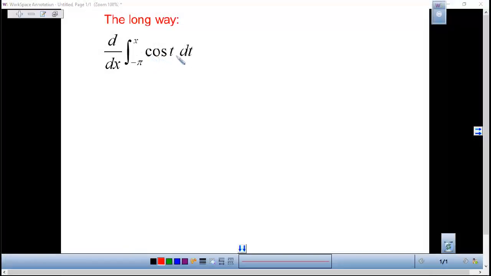Now, we could do this the long way, but we already know that this is going to fit. But I want to show you the long way just so you can see where this comes from. If we were to take the antiderivative of cosine t, we know we're going to get sine t. And remember, we're still taking the derivative of this.